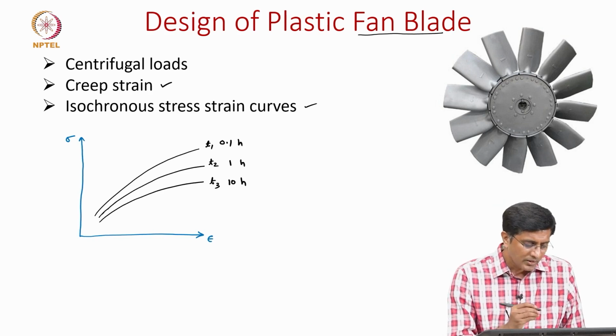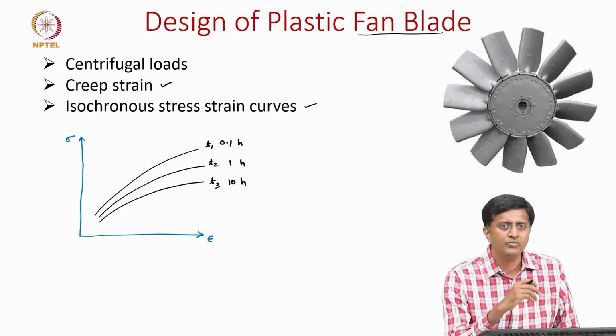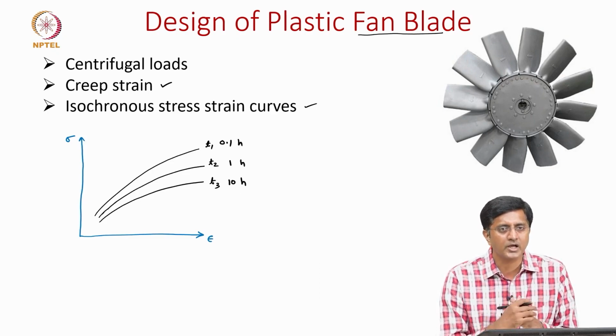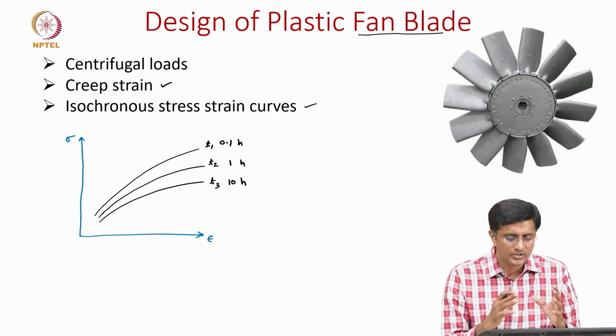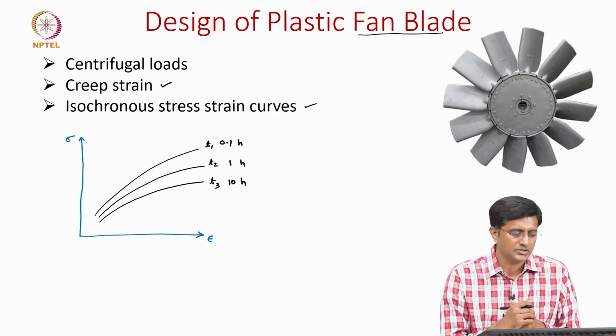Coming back to this design of the fan blade, we need to see what are the operating times. Maybe it is in the order of 10 power 3 or 10 power 4 hours is the operating time of this fan. So, we need to ensure that if it is operating for so long, what are the corresponding strains.